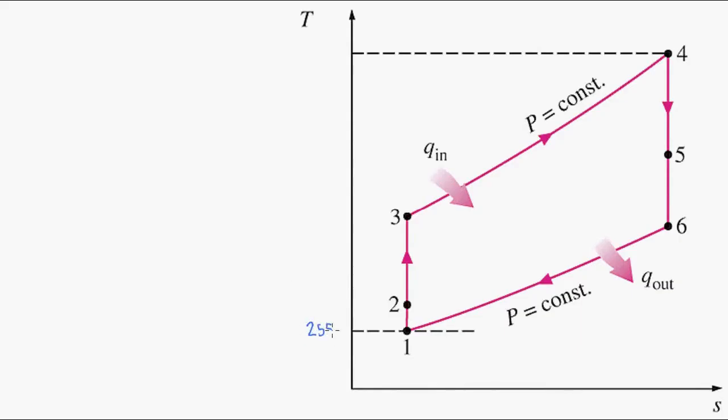So here's the Brayton cycle, starting with our lower pressure going into the diffuser from state 1 to state 2. We apply the first law of thermodynamics here.